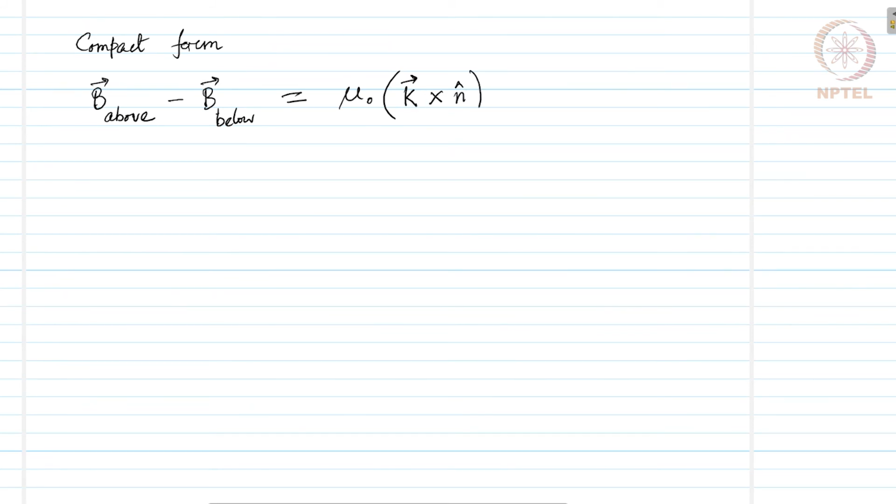Now, if we try to write the entire boundary condition that we worked out in one vector equation, then we can write in a compact form: B vector above the plane minus the magnetic field vector below the plane equals mu naught times the surface current density cross n cap, where n cap is normal to the surface that is under consideration.